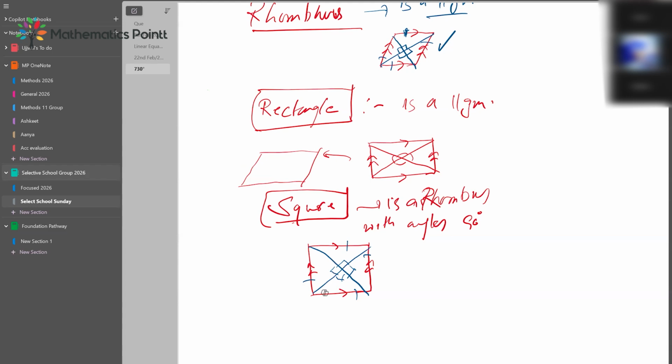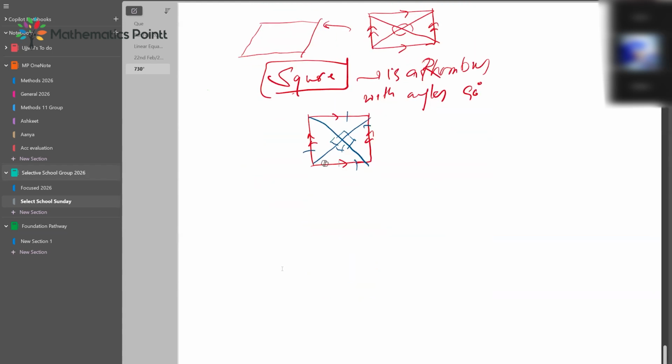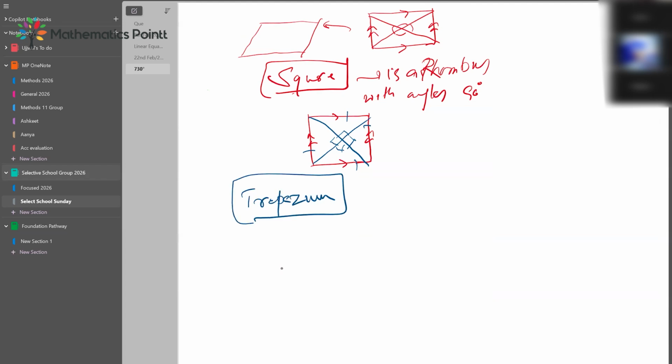And then there are a few more shapes that you should know, and they're very important. The first one is trapezium. A very important figure used in geometry like hell.